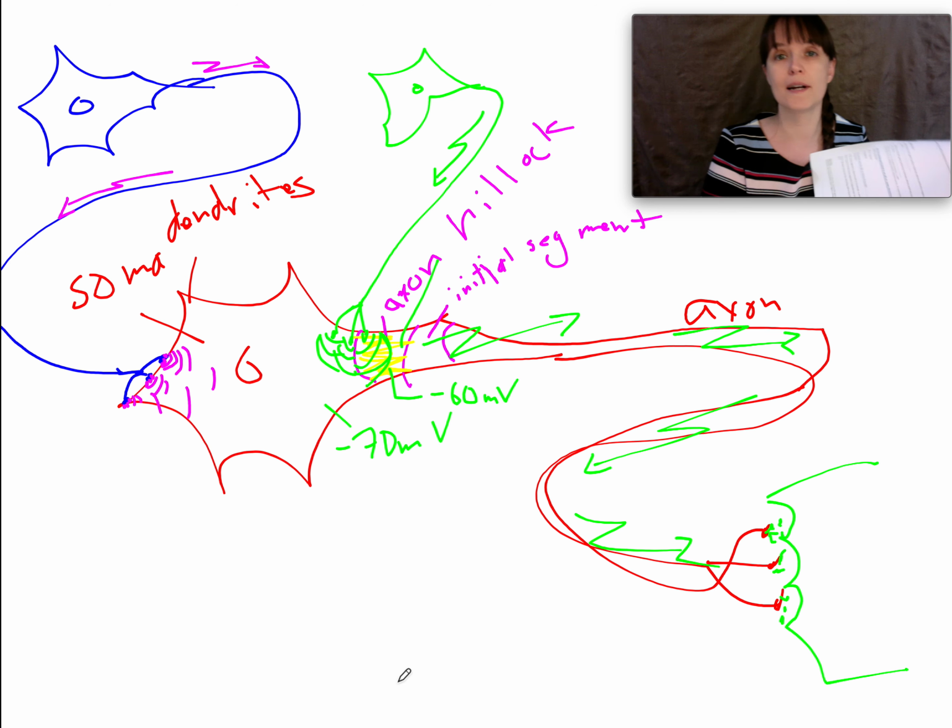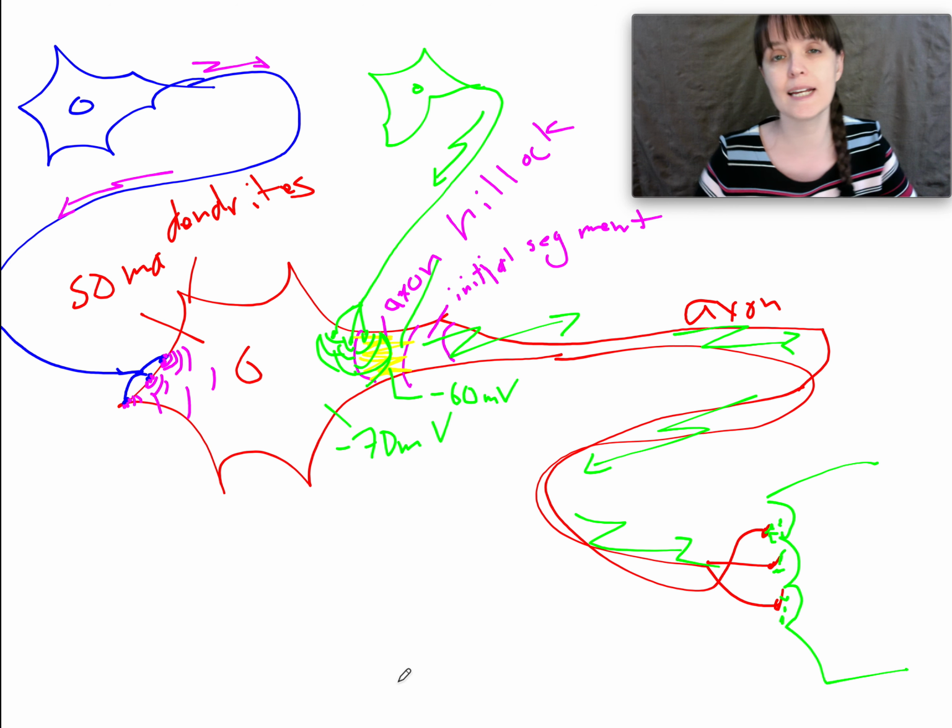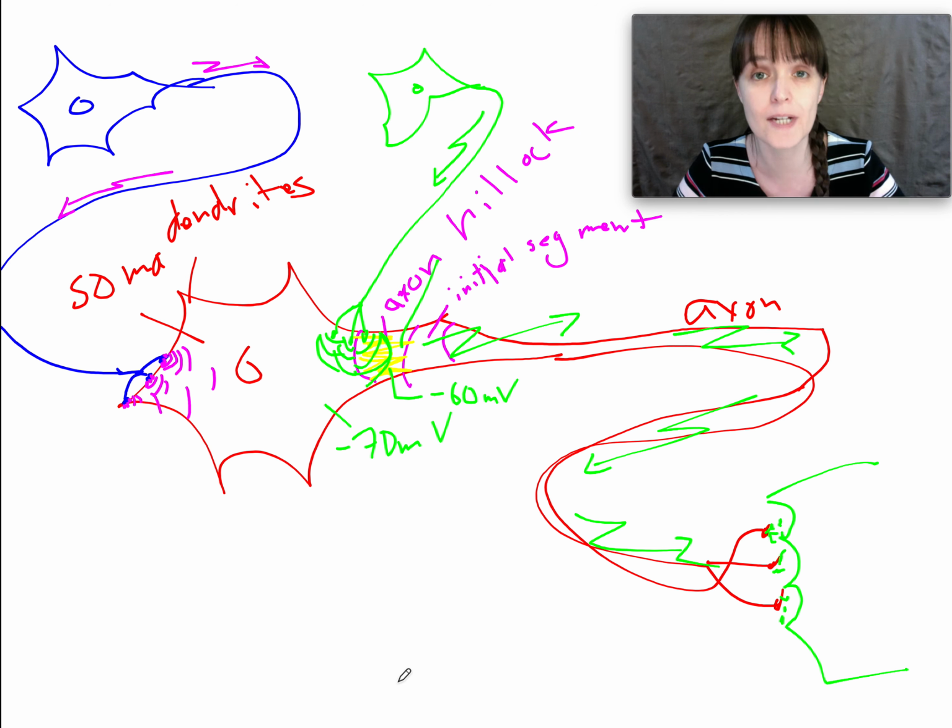So that's why we say that the axon hillock is the location of the information processing, because it's at the axon hillock that we determine if the signal is strong enough to be repeated to the next cell.